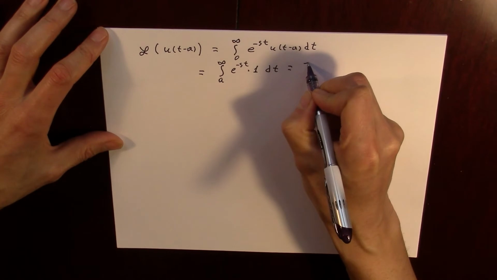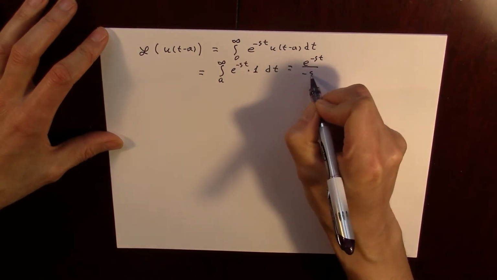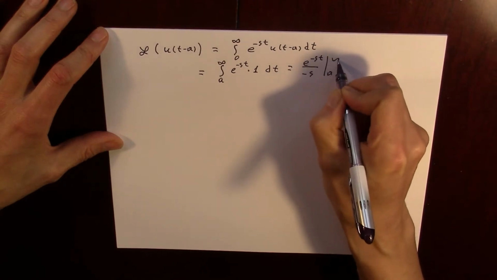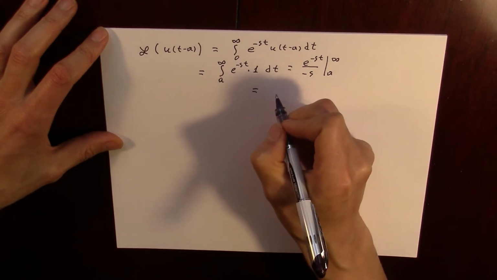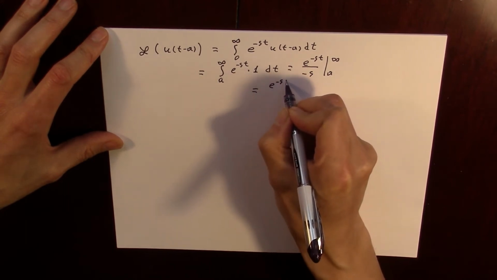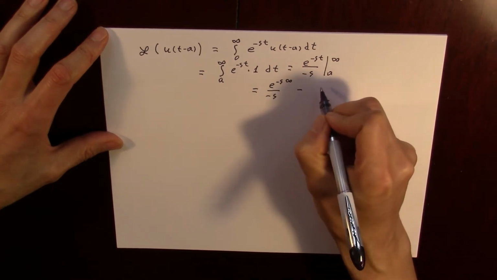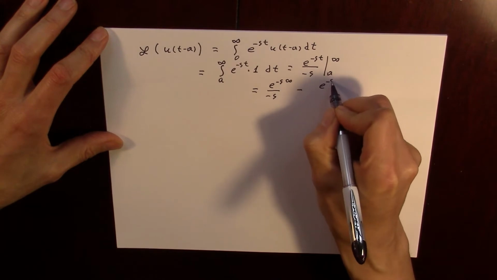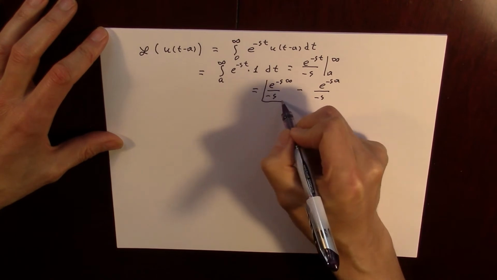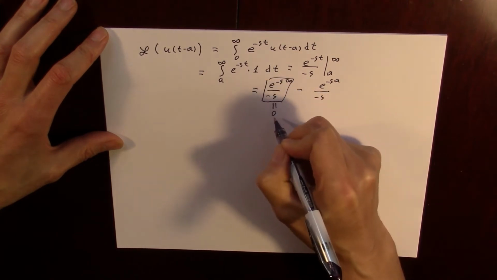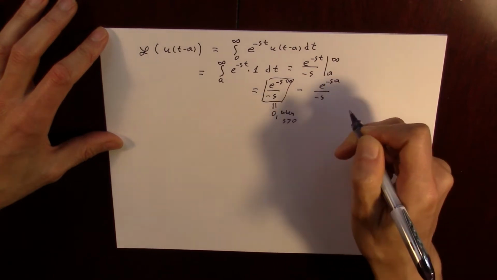We find the antiderivative, e to the negative st over negative s, from a to infinity, and we're going to get e to the negative s times infinity over negative s minus e to the negative sa over negative s. The first one equals 0 under the assumption that s is bigger than 0.